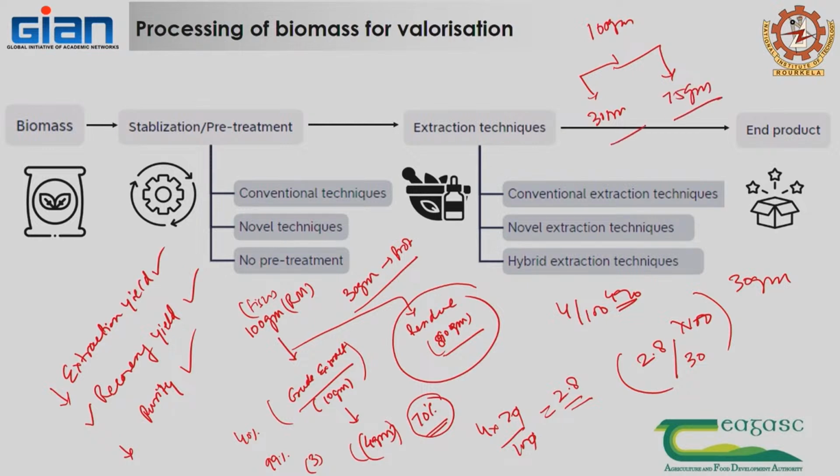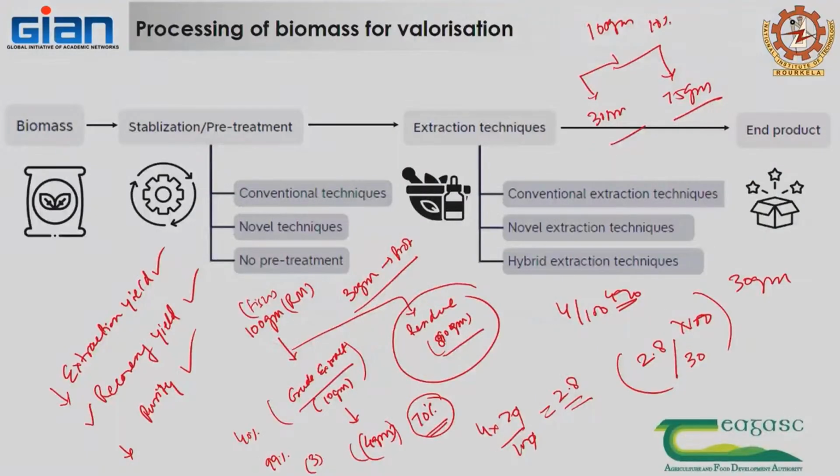Is it possible? One possibility is a wrong weighing balance. Second possibility is that the 100 grams had 10% moisture and this had 5% moisture. Or this had high moisture.